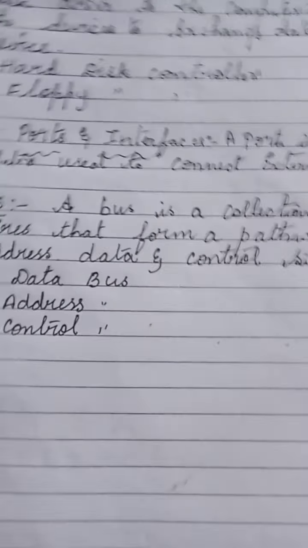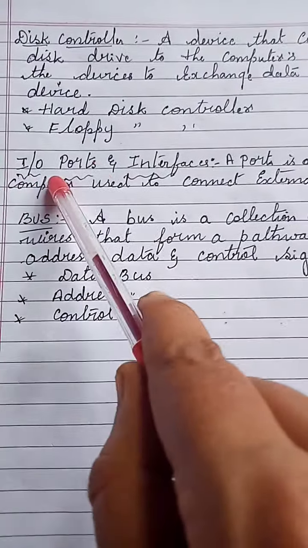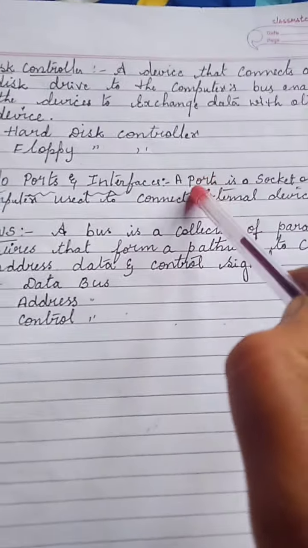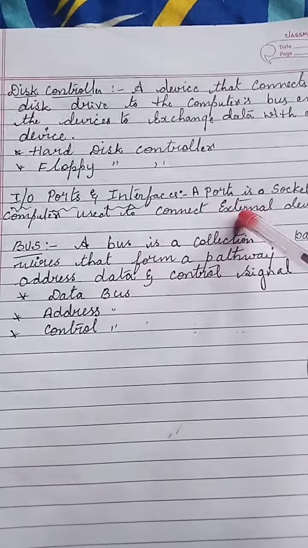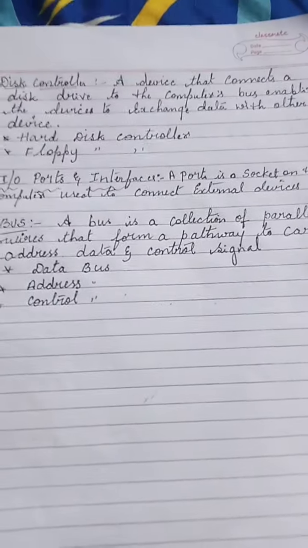Next we have IO port and interface. A port is a socket on the computer used to connect external devices.